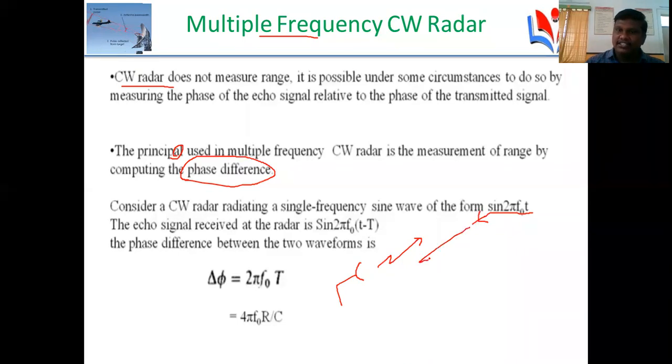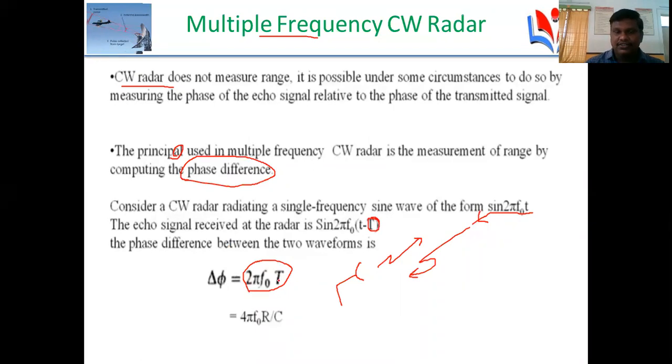The reflected signal will be sin 2 pi f naught times (t minus t delay), a delayed version. If you expand this, we have the phase difference of 2 pi f naught into t. This is the phase shift that takes place between the transmitted signal and the reflected signal.